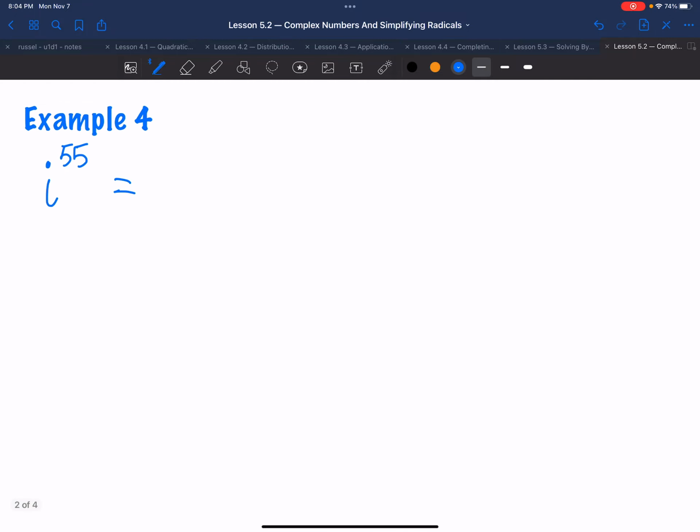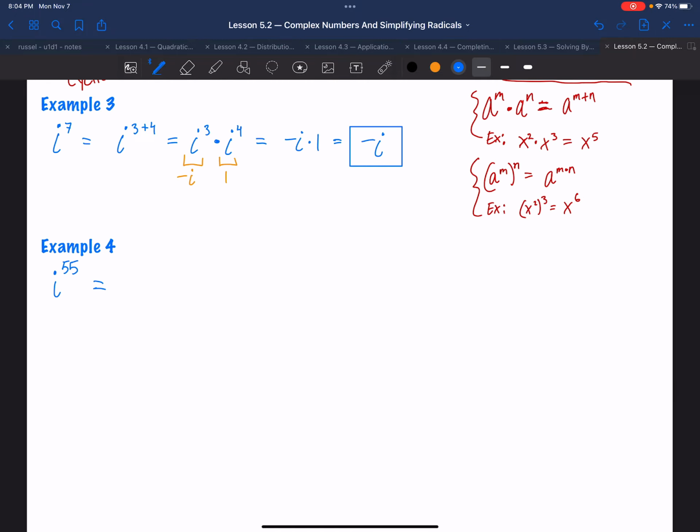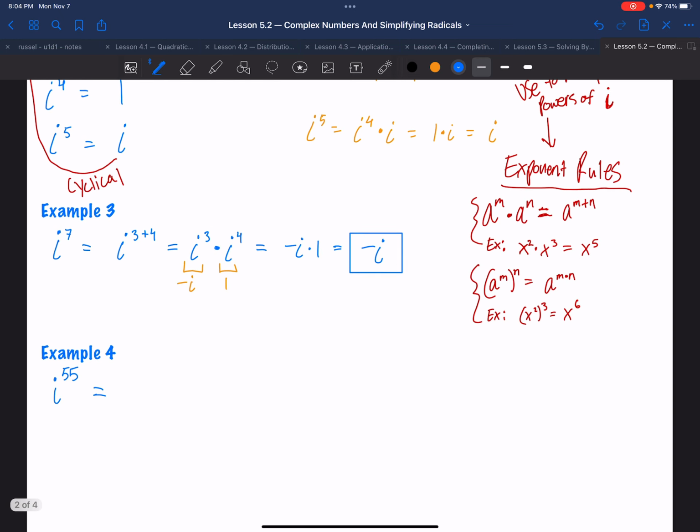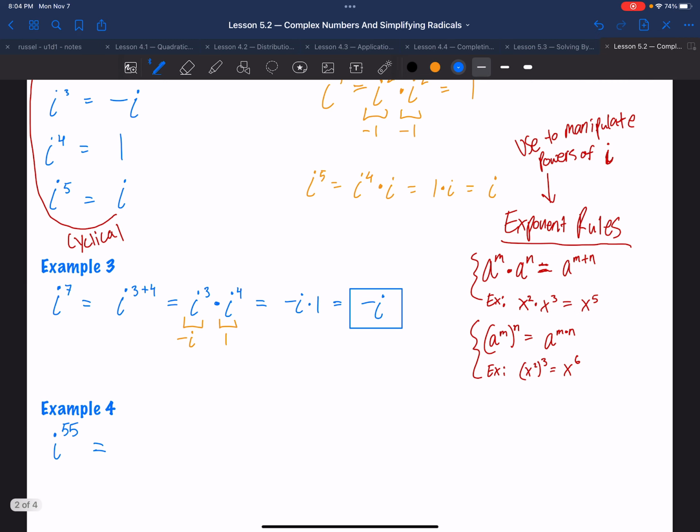Okay. Now let's look at i to the power of 55. And the key here, really, is looking at i to the power of 4. This is super useful. I mean, you can use the other powers. It'll help. But i to the power of 4 is the most powerful, because when I multiply stuff by 1, it doesn't change.